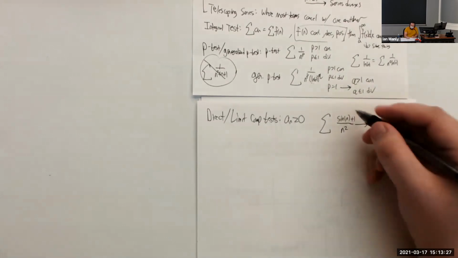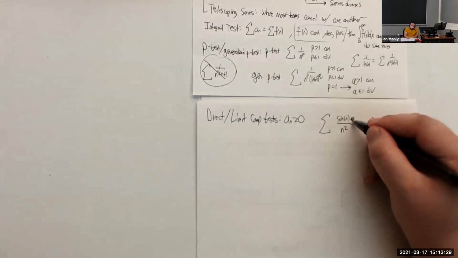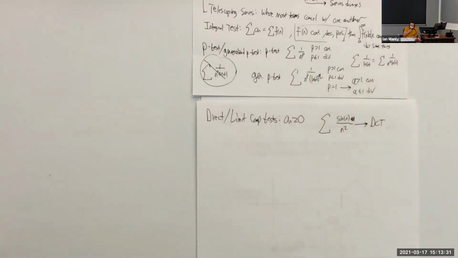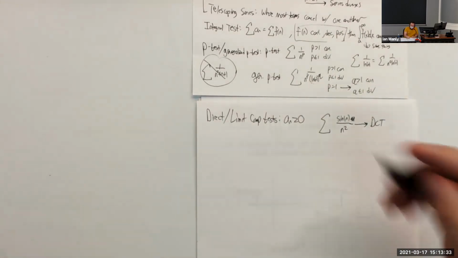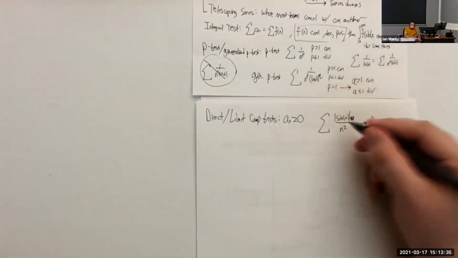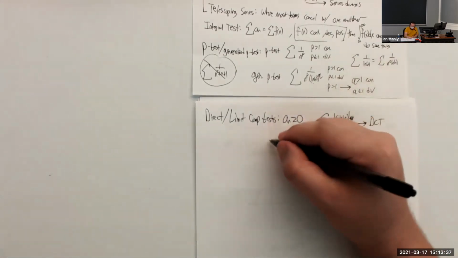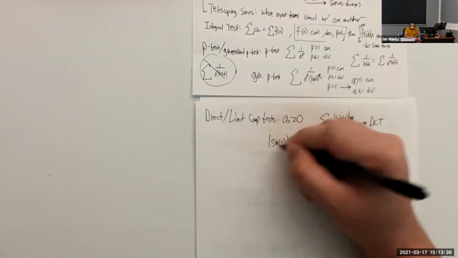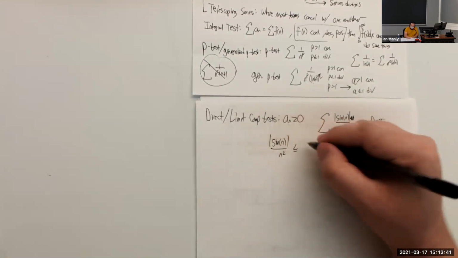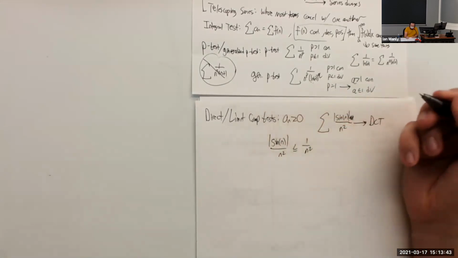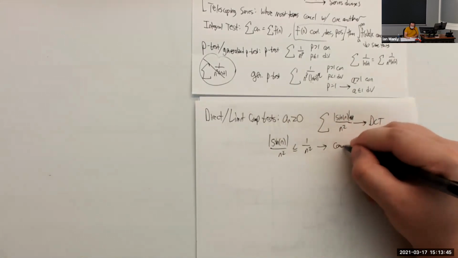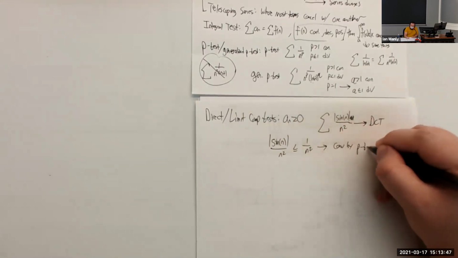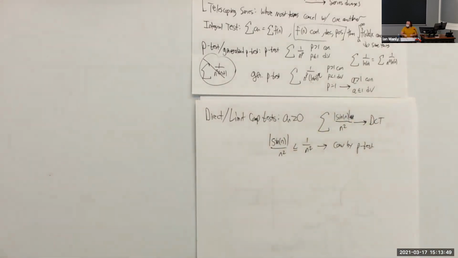Wait a minute, I'm getting this all backwards. See, I don't like to use the direct comparison test because it's easy to get the inequalities turned around. And this would have to be an absolute value to make it positive. Yeah, okay, this one I would use the direct comparison test on because the absolute value of sine of n over n squared is less than or equal to 1 over n squared. And we know this converges by the p-test. So this would be an easy one to use the direct comparison test here.